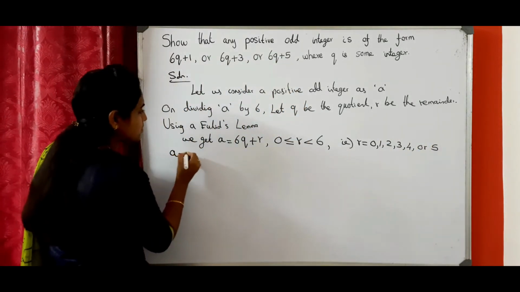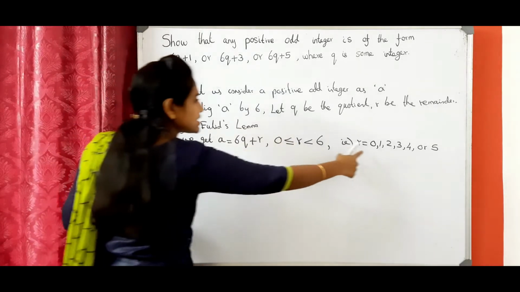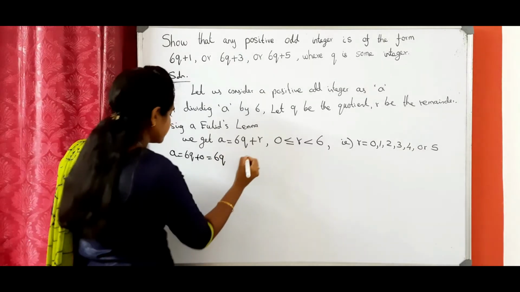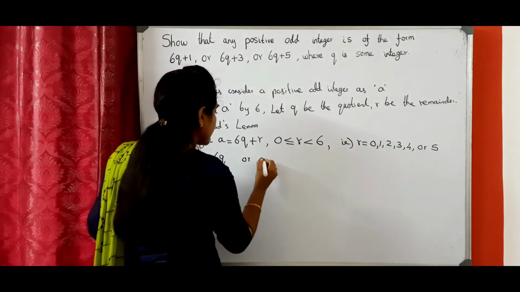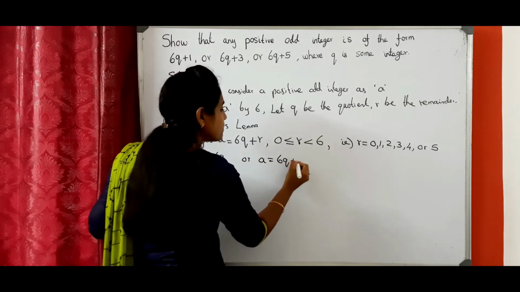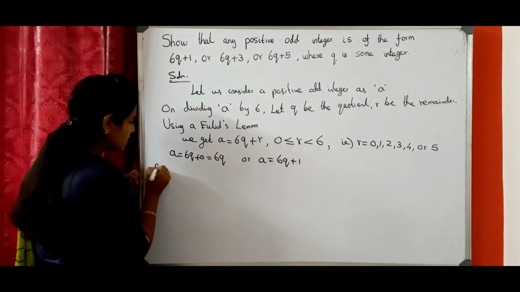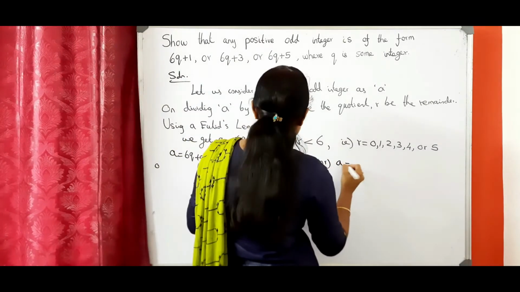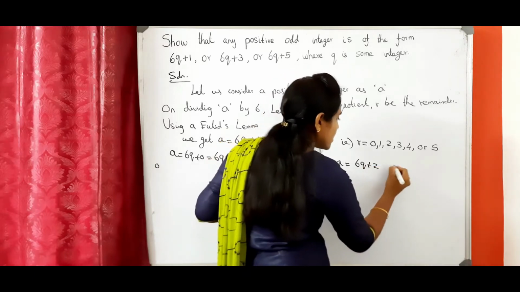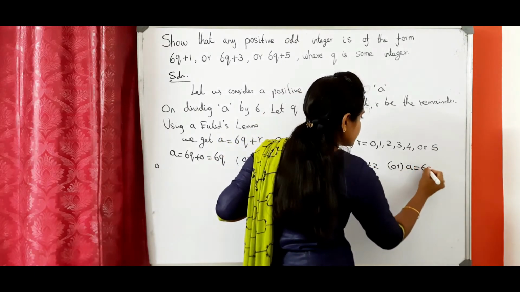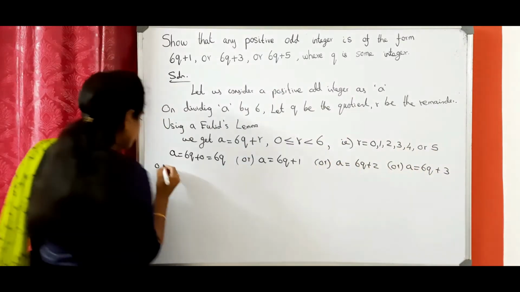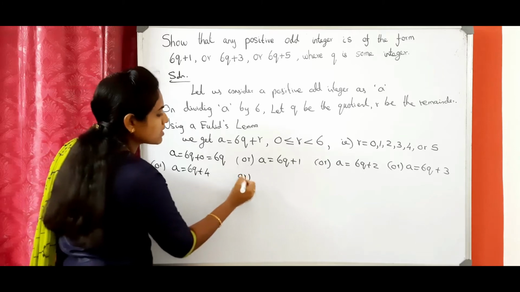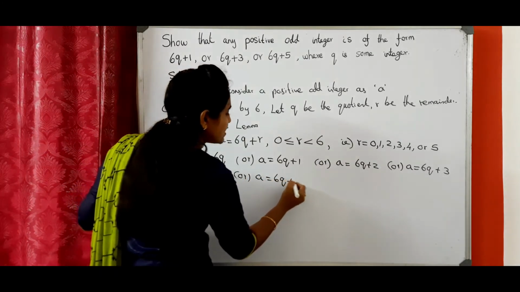a equal to 6q plus r, first r equal to 0: 6q plus 0 which is equal to 6q. Next r value is 1: a equal to 6q plus 1. r equal to 2: a equal to 6q plus 2. r equal to 3: a equal to 6q plus 3. r equal to 4: a equal to 6q plus 4. r equal to 5: a equal to 6q plus 5.